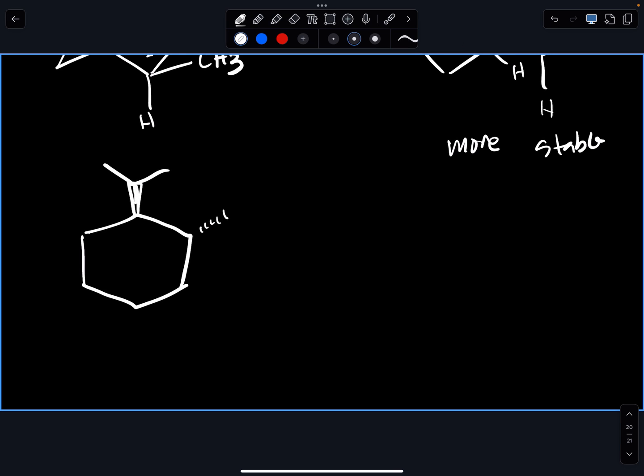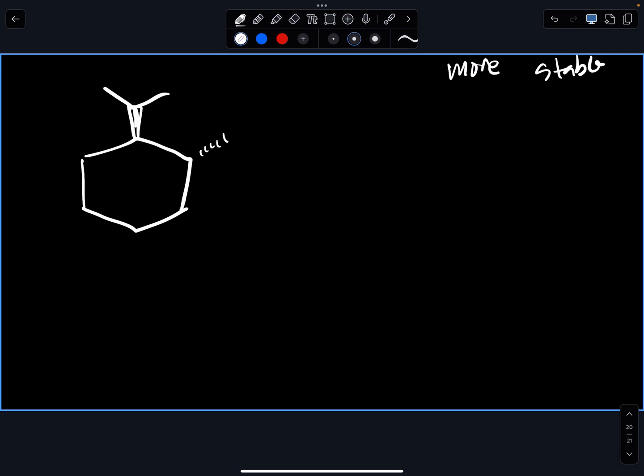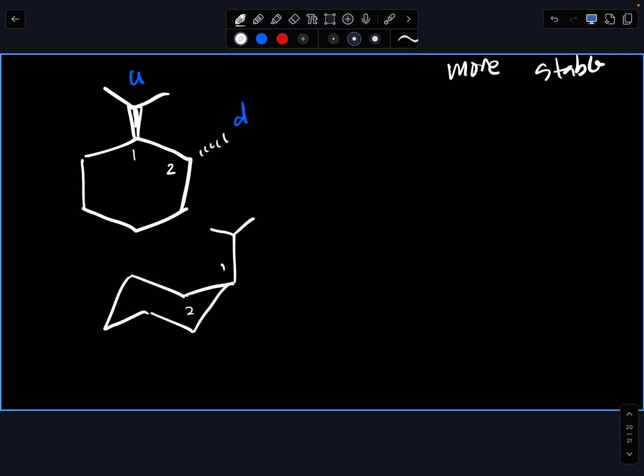Okay, so that's the molecule. We called this one up, this one down. So let's draw our first. That's 1, 2, 1, 2. Carbon 1 up, we have a T-butyl, down a hydrogen. Carbon 2 up, we have a hydrogen, down is where the CH3 is.